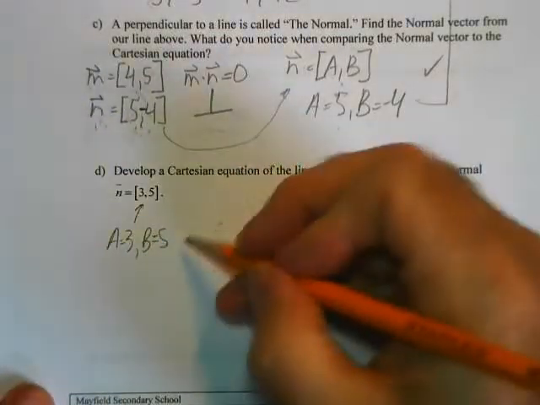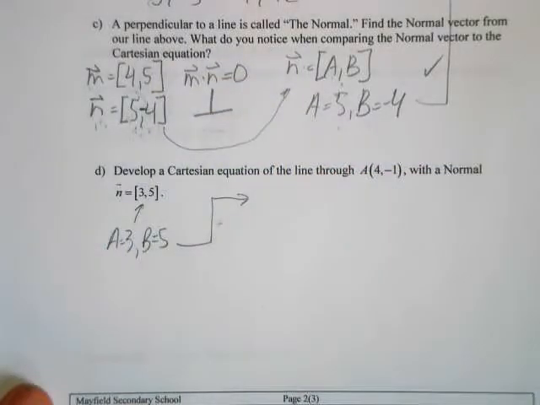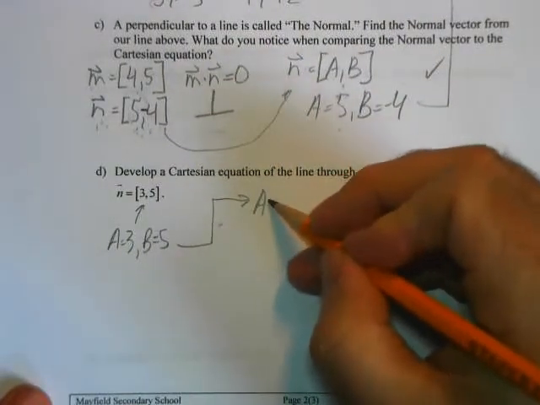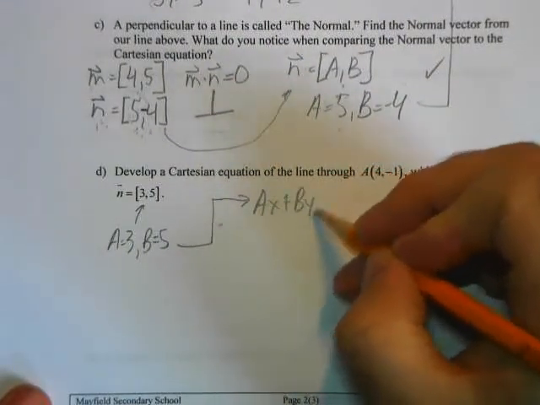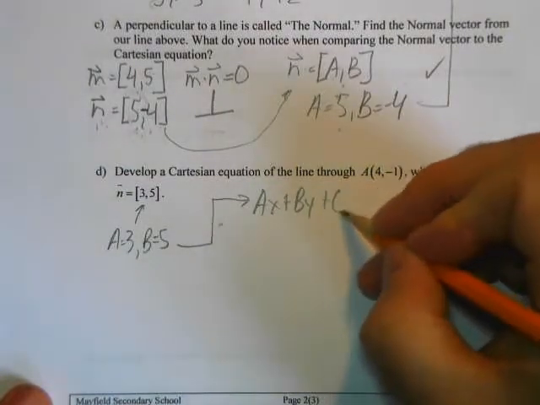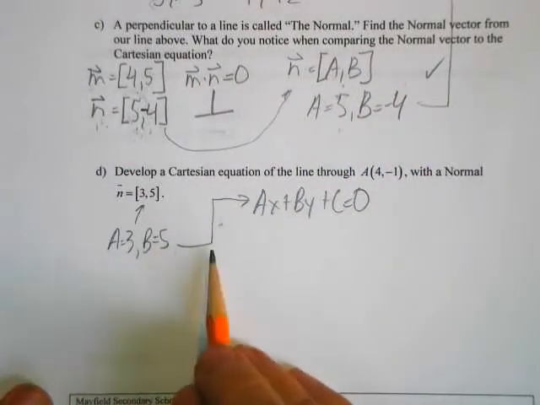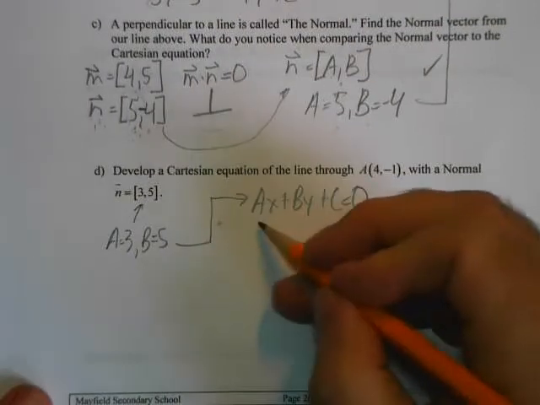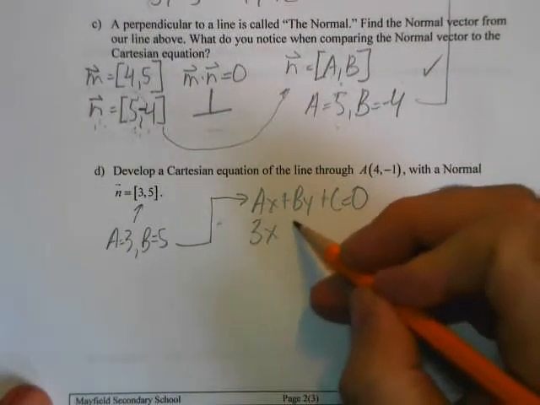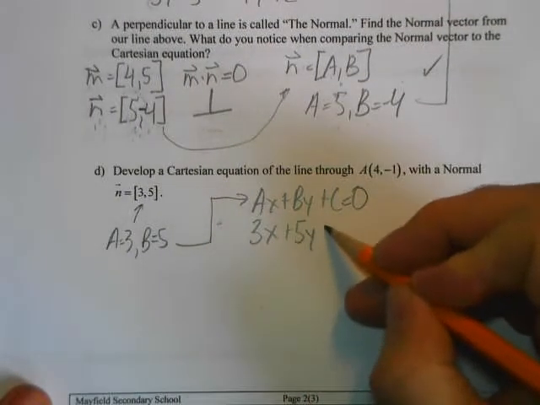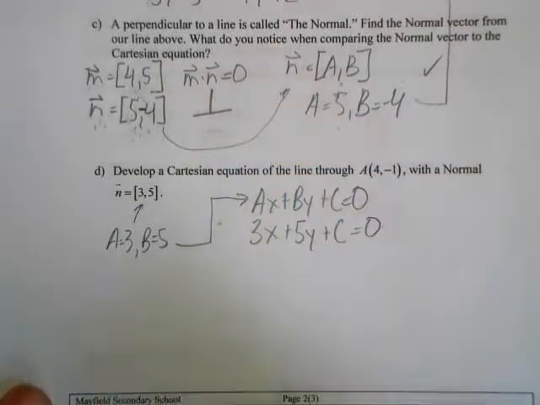I'll start off with the generic equation, and now I'm going to change A to 3, B to 5. C stays the same for now.